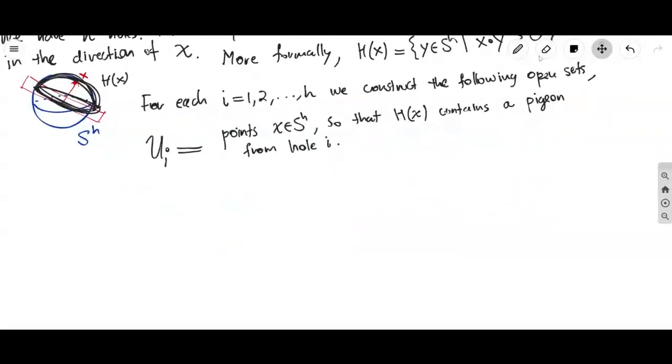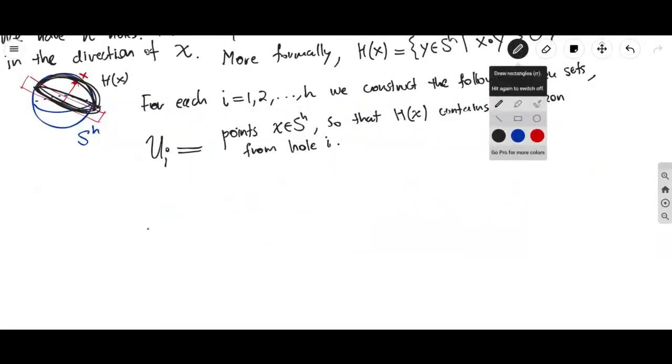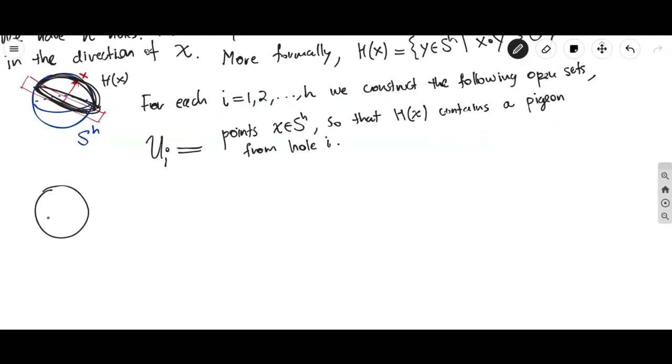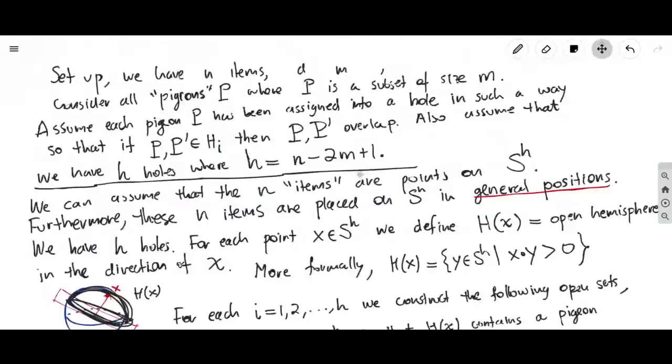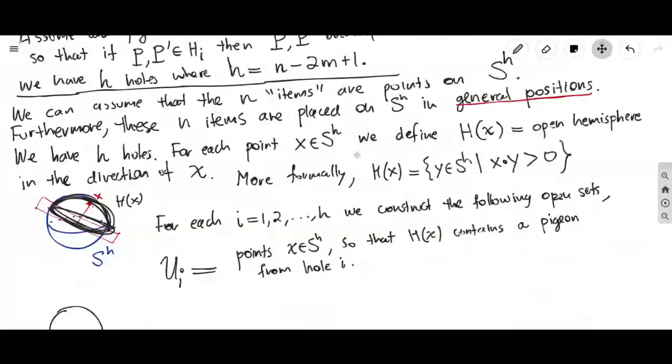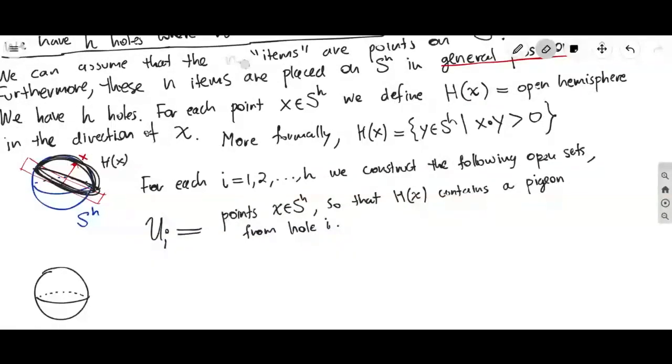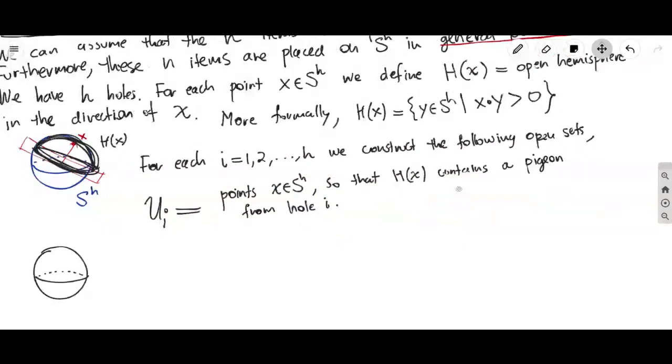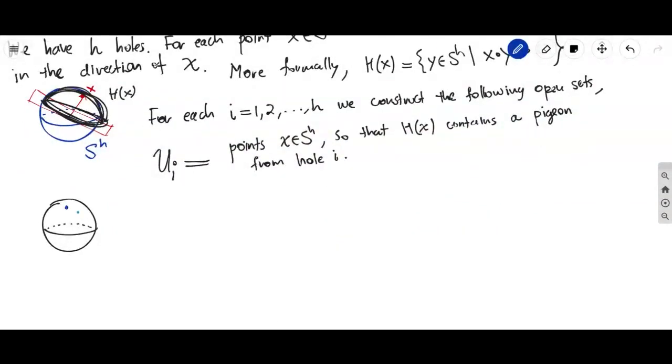So let me draw a picture to hopefully clarify what we're doing. This is our sphere, and this is what we did. We took the n items and we placed them in general position on the sphere. So we have maybe an item over here, an item over there, and we position our items all across the sphere.